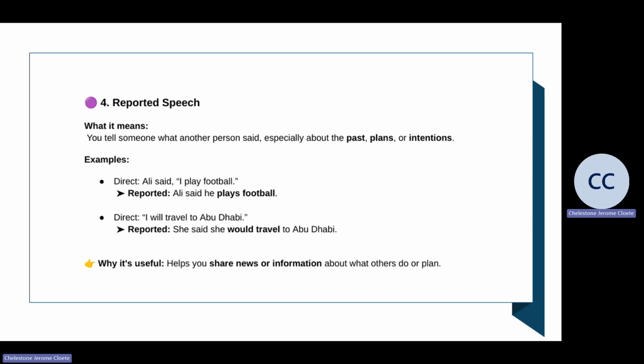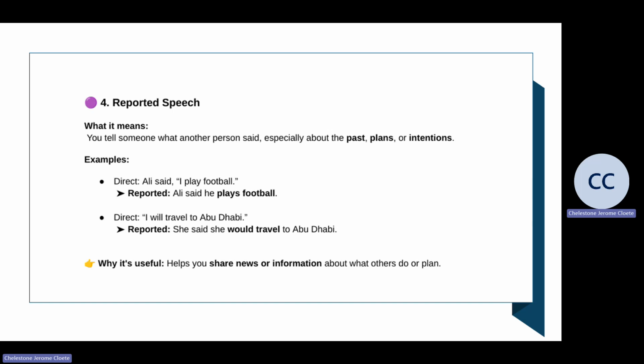For example, Khaled kicks the ball, which means Khaled is the subject, kicks is the verb, and the ball is the object. So subject, who is doing the thing; verb, what is being done; and object, to whom or to what it is being done.